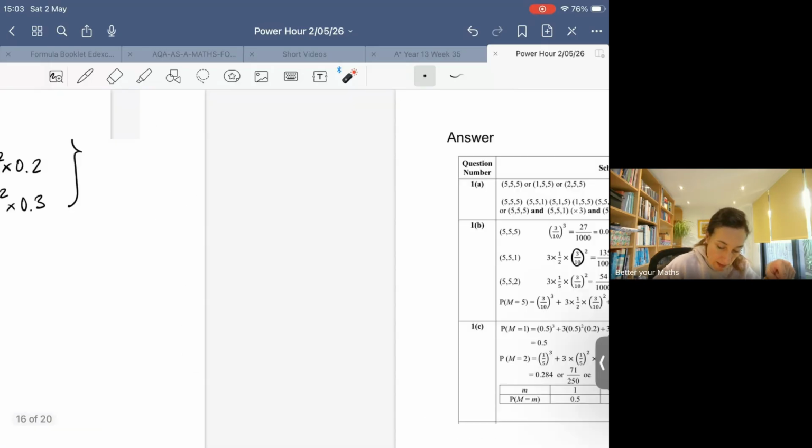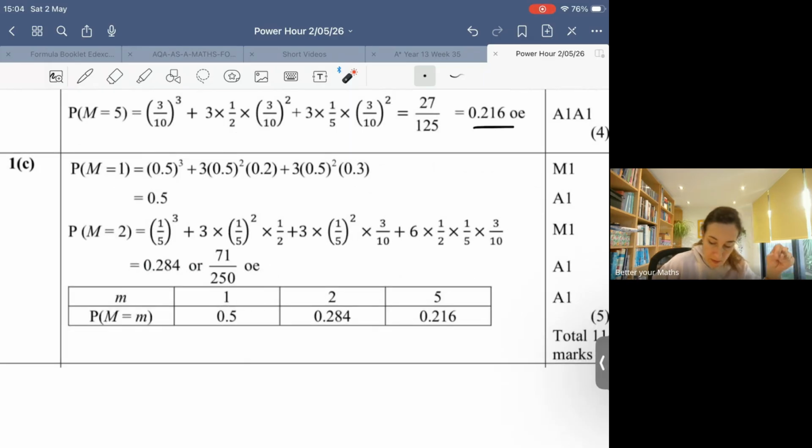I'm just going to give you the numbers to not keep you longer. So this one is the one that we found before. Then this one, the option for 1 is what we just found, that is 0.5, and the options for 2 are all these options, that is 0.284. So 0.5, 0.284, 0.216.